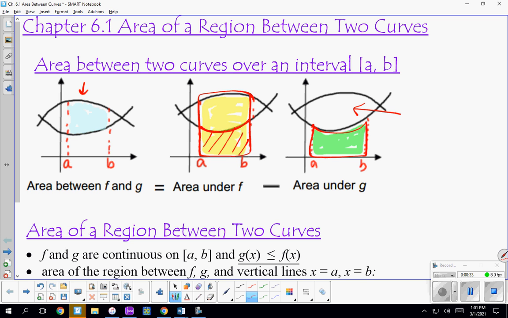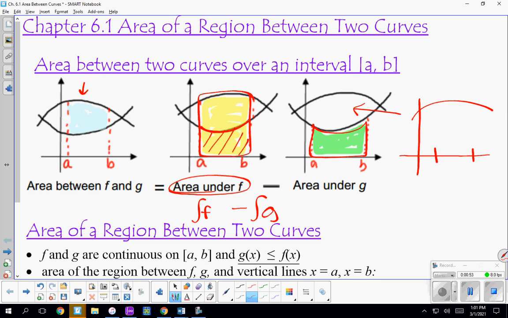So when we're calculating area between f and g, we need to find the area under f, which is done by integrating f. Then we're going to find the area under g, and if we subtract the two, that gives us the area between two curves. We've been doing this all along, except our lower boundary has been the x-axis.